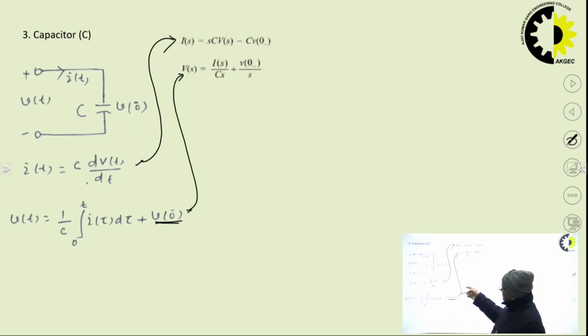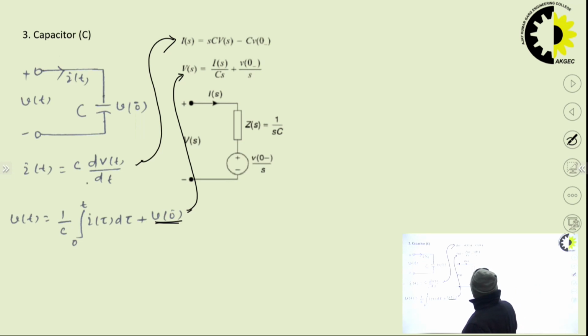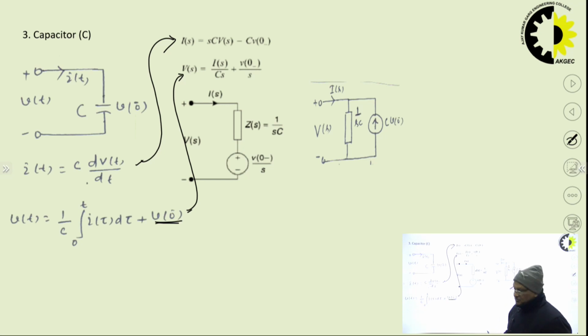So, we can draw the two circuits. This is the equivalent of the capacitor in S domain, and this is also an equivalent of the capacitor in S domain. So we can get two different types of circuits in S domain.